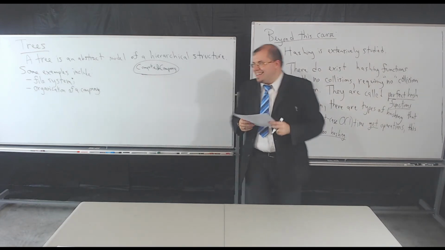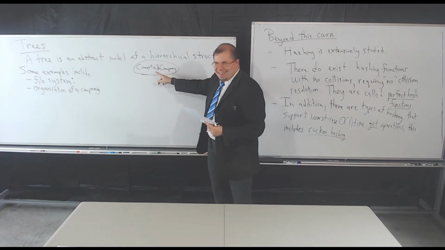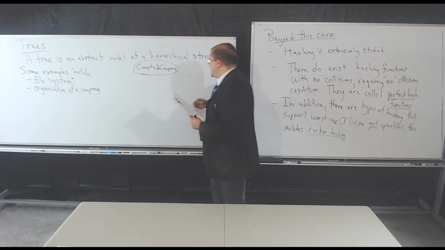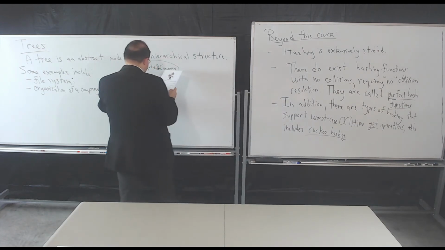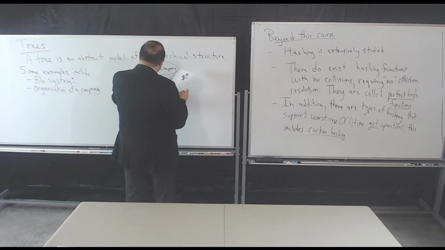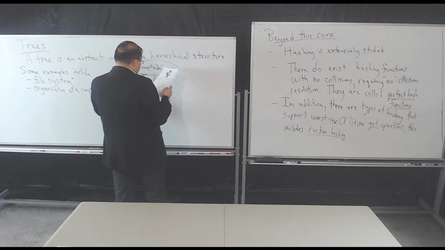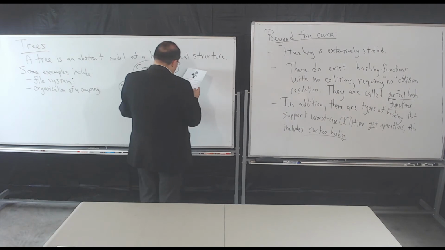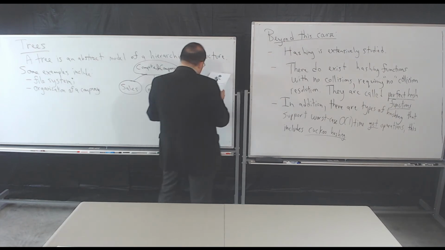Computing Company. Get it? Because it has an "and". Computing Company. Okay, so this might be broken up into 3 divisions. Sales, manufacturing, and research. So it might have 3 divisions.